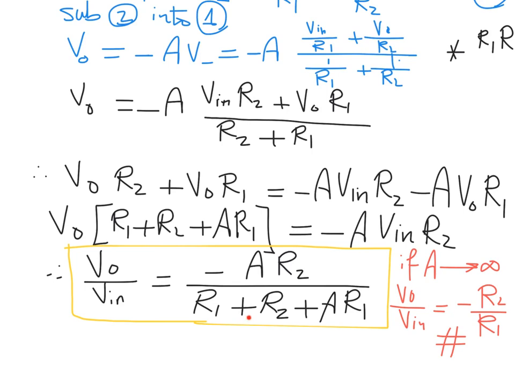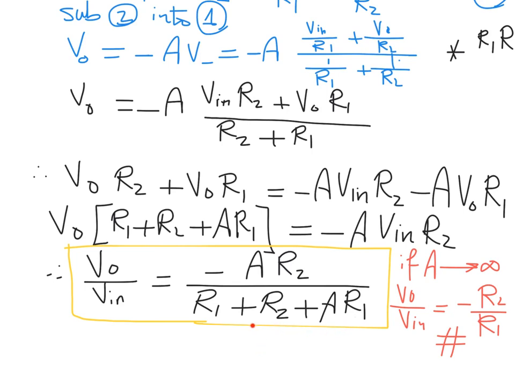Let's consider A again to be infinite, which is the ideal op-amp. If we substitute here with A equal to infinite, taking the limit, or even doing something much easier, divide by A in the numerator and denominator. This will be minus R2. This will be R1 plus R2 over A, and this term will be R1.